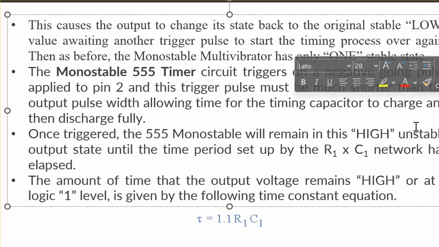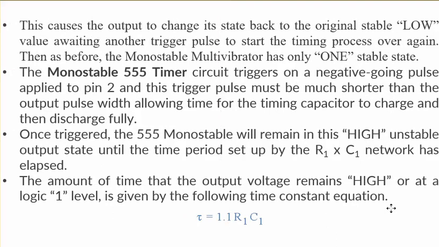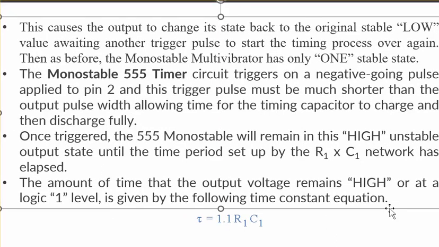This happens only when a negative pulse reaches the input side of the 555 timer; only then does the output go from low to high and high to low.